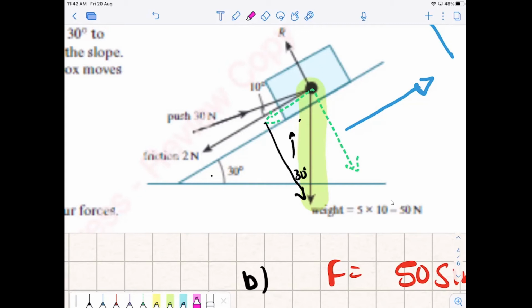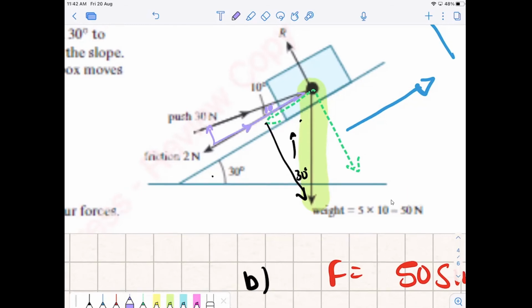Okay, so while we've got it zoomed in here, let's just do that, okay? This force is going to have two forces. It's actually going to have a force going up like that and a little force going up like this. Okay? Well, I know that this is 10 degrees because they told me that. The force I'm interested in is that guy there.